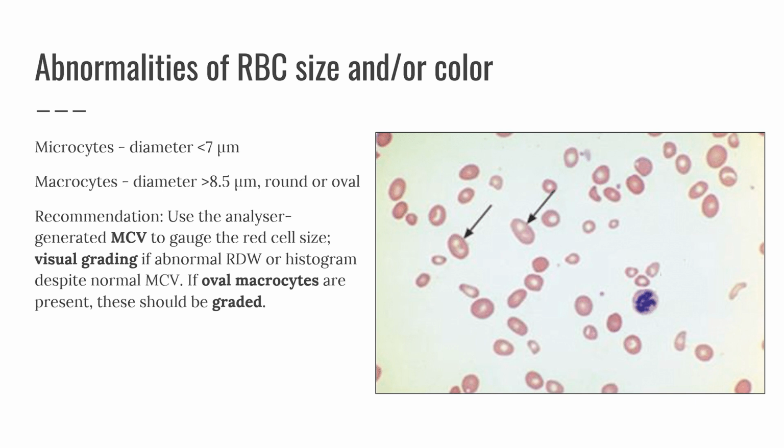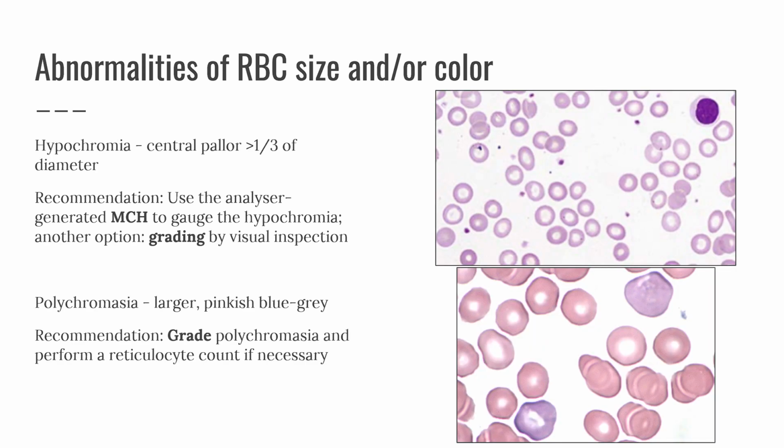The recommendation is to use the analyzer-generated MCV to gauge the red cell size. Visual grading may be done if abnormal RDW or histogram are noted despite a normal MCV. Another important note is that oval macrocytes should be graded separately from your other macrocytes.